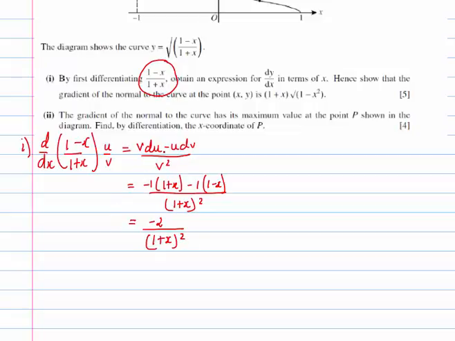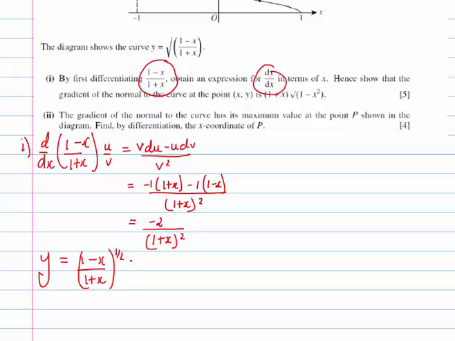All right, but we are now asked to find dy/dx. My original function y is given in power notation as 1 minus x over 1 plus x, all to the power of a half.